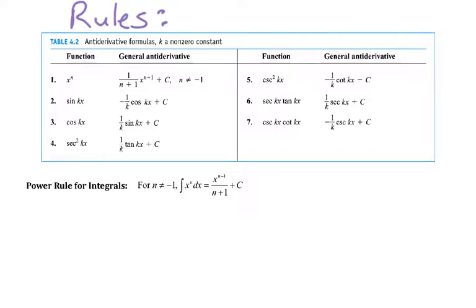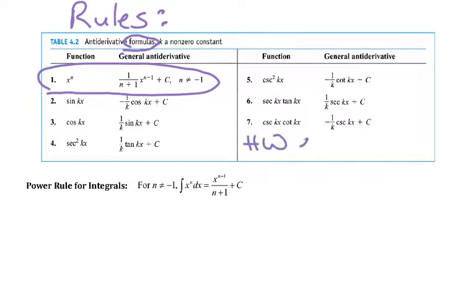So these rules or formulas for finding antiderivatives, really the only one you need to memorize is number 1. We will need these in the homework, but you don't need to memorize those because we will learn another way to evaluate the indefinite integral of trig functions. But let's look at the power rule.